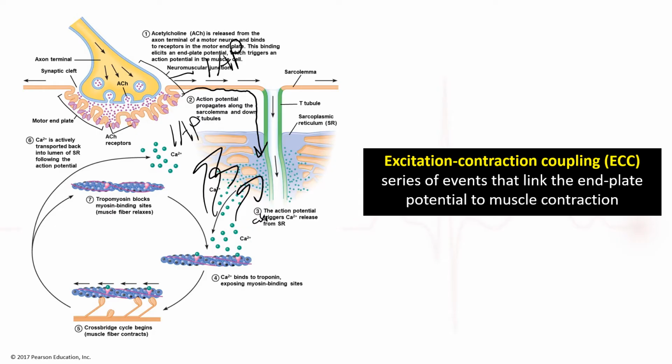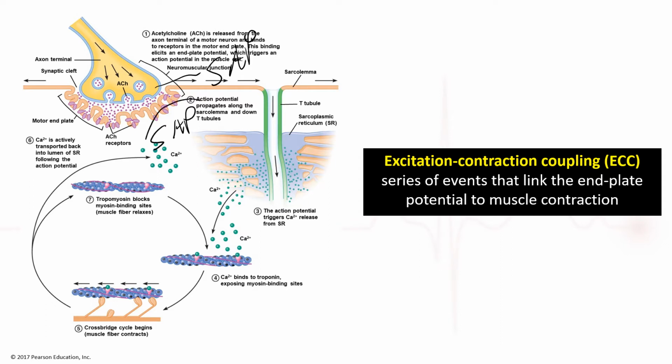Well, what we need is for the alpha motor neuron to generate more action potentials. Let's say over the course of a second, the alpha motor neuron now generates 5 action potentials. What that means is if the alpha motor neuron generates 5 action potentials over the course of 1 second, then the skeletal muscle fiber will generate 5 action potentials over the course of 1 second, right?